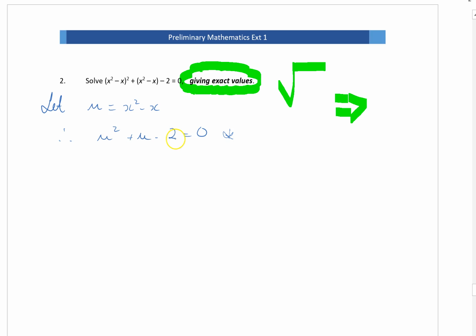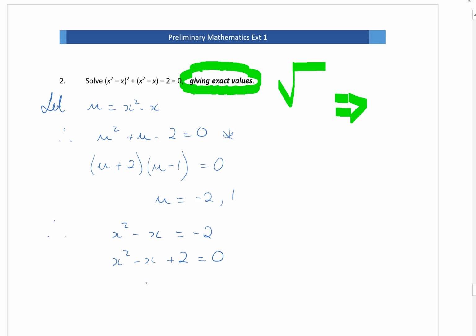I can think of two numbers that multiply to give minus 2 that add to give 1, and they will be plus 2 and minus 1. So I'm getting that u is equal to minus 2 and plus 1. However, when we now replace u with x squared minus x and put it equal to minus 2, then I get x squared minus x plus 2 is equal to 0.